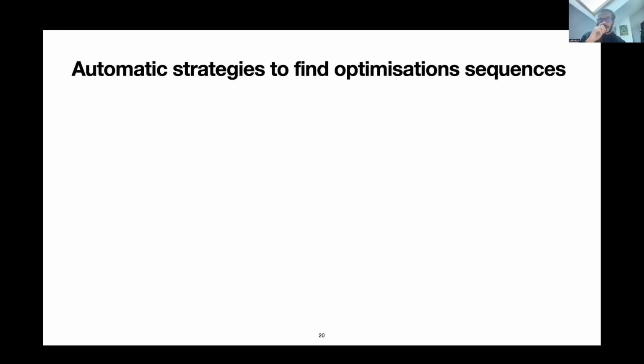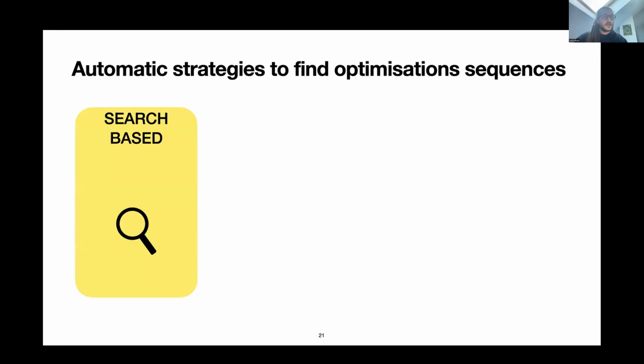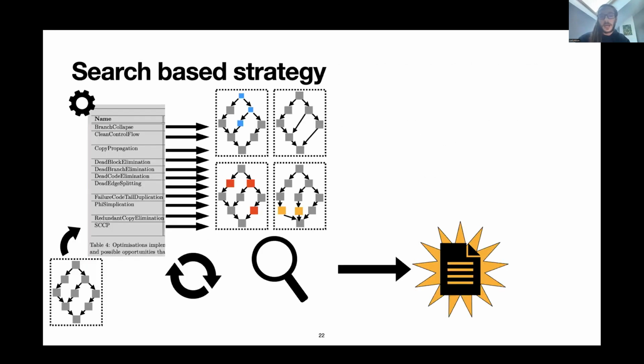So what we started to do is implement automatic strategies to find this sequence. The first strategy was a search-based strategy, a hill-climbing algorithm. What it does is take an intermediate representation and, from it, make many of them by applying the optimizations one by one.